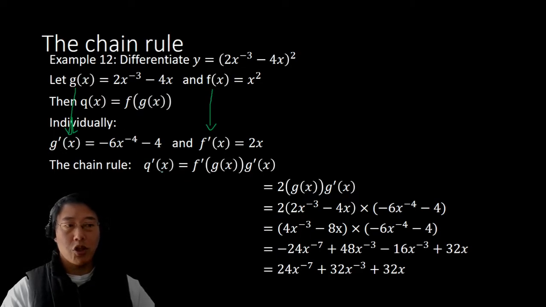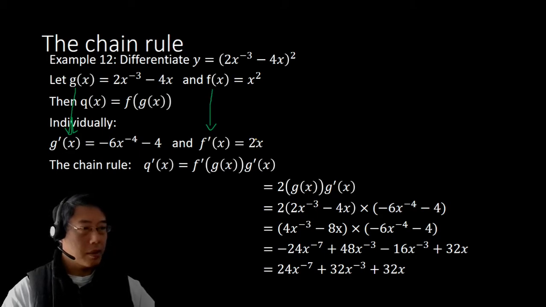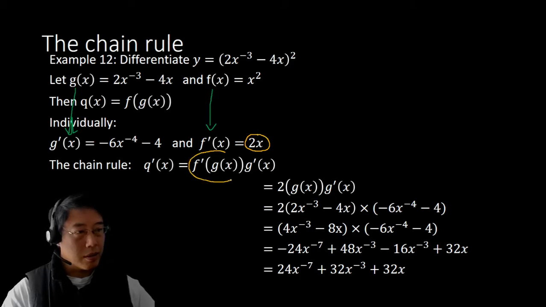So you apply the chain rule, just use the formula. The first factor is f prime, that's 2 times x. But when you apply that, let me use a different color. So that 2x, which is the same as this one, this time instead of having f prime of x, you're going to change that x into g of x.